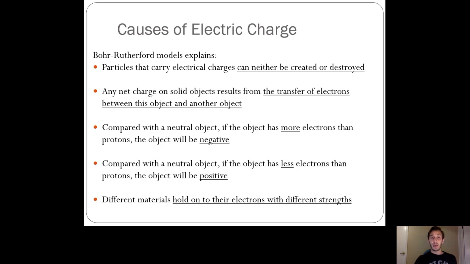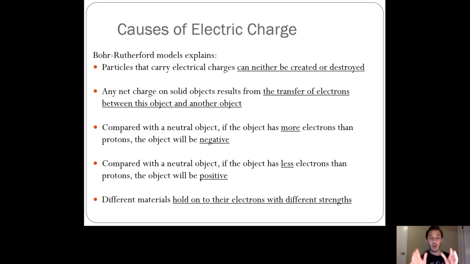Any net charge on solid objects results from the transfer of electrons between this object and another object. Remember, protons are locked in the nucleus. They do not move. Under normal circumstances, we are not going to get an atom to gain or lose protons.